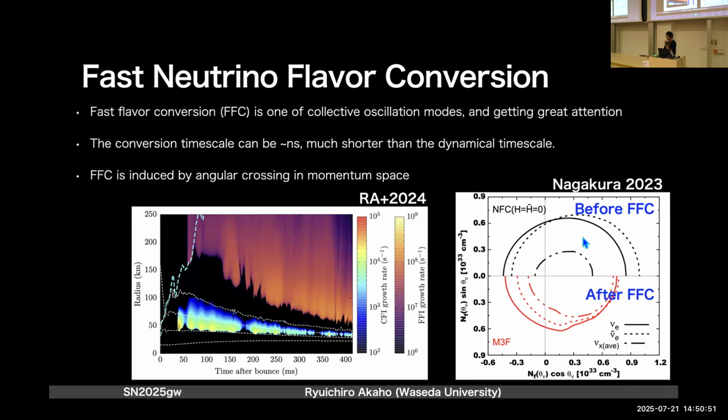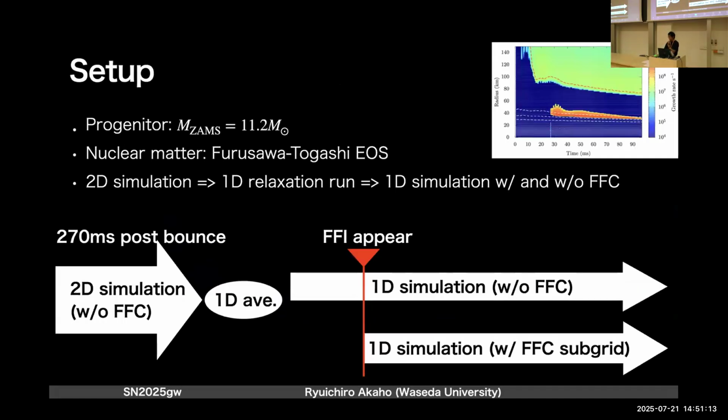By starting from this kind of profile, you obtain this kind of deformed angular profile. This is what we want to know: what kind of effect this FFC has on core-collapse supernovae.